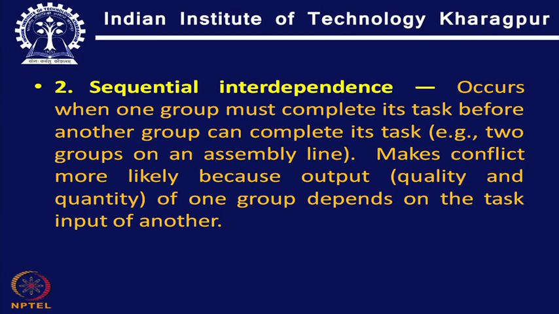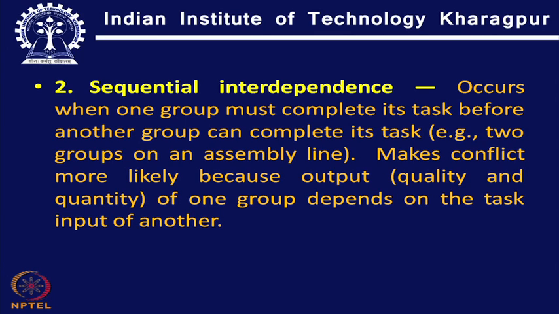The second type of interdependence is called sequential interdependence. In sequential interdependence, the interdependence is in sequence.